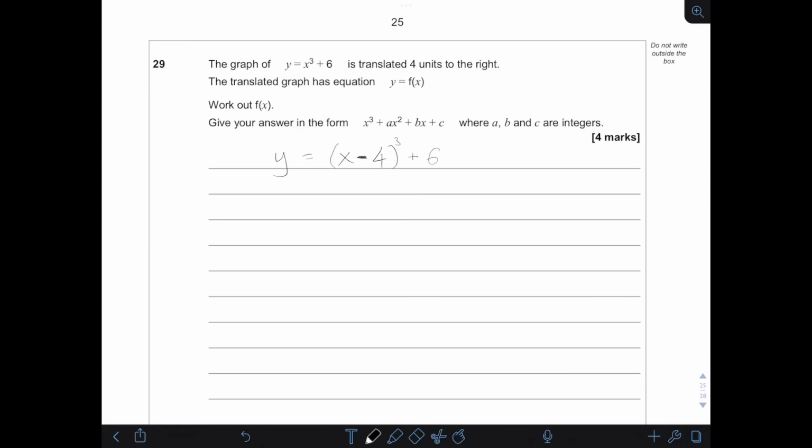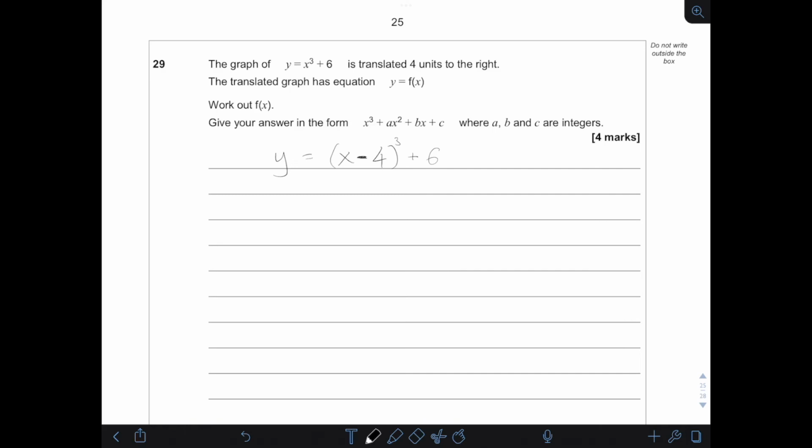The x is the weird thing that it flips left and right. If you do x plus something, it actually shifts it to the left, which is the opposite way around to the x-axis, which is confusing, but there you go.